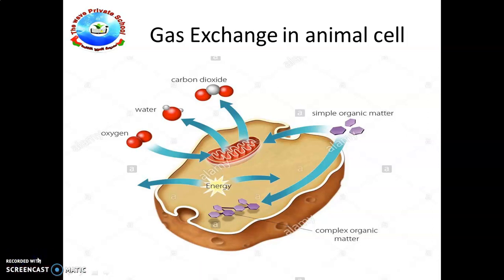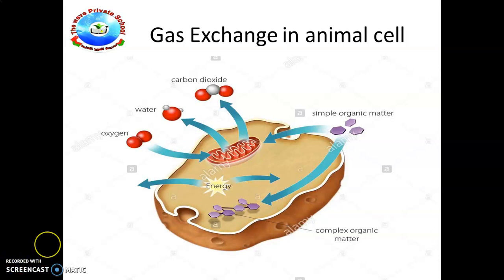This process results in the formation of ATP, which is the energy transferring molecule used in metabolic processes in the cells. Then, the carbon dioxide is released as a waste material.